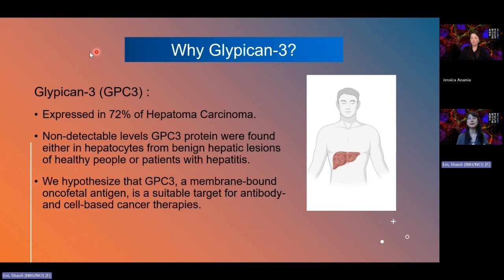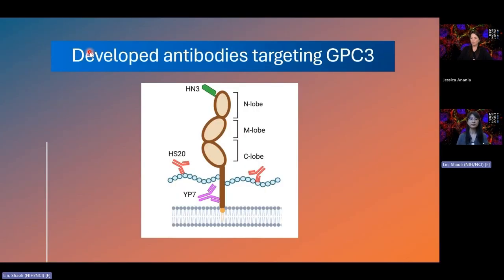So we hypothesized that GPC3, which is a membrane-bound oncofetal antigen, is a suitable target for antibody and cell-based cancer therapies. Does this molecule have any impact on the survival rate in people? Is it linked to better or worse prognosis at all? Yeah, actually, GPC3 is associated with a poor prognosis of liver cancer patients.